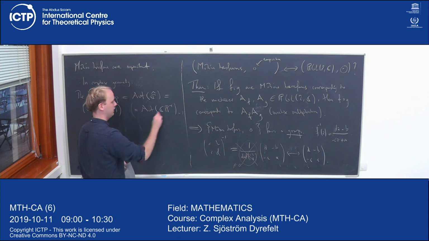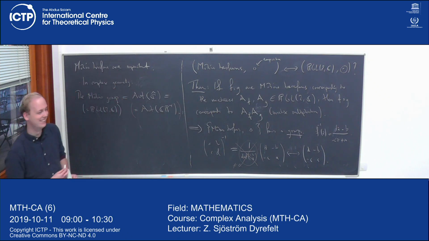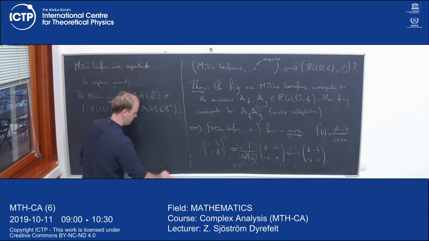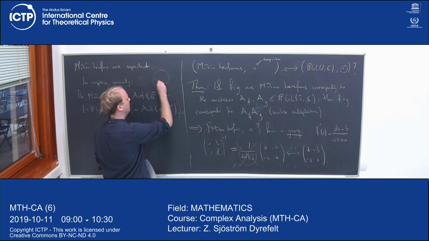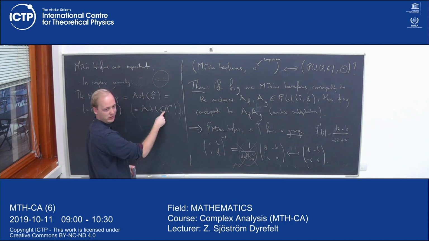If you don't know what this is and don't want to know, don't worry, but it's important. So the automorphism group of C hat. C hat is the extended complex plane. It is this sphere. Okay. And this CP1 is also identified with this sphere, although this is a priori the complex projective line. Okay, you know what this is.